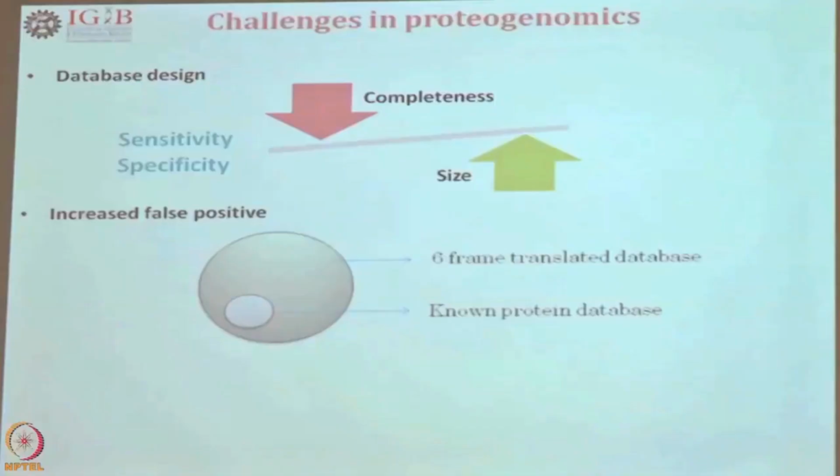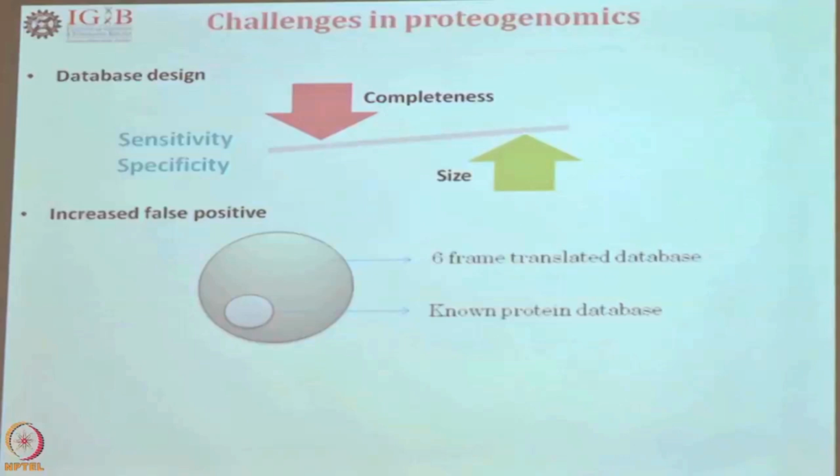In the proteogenomics case, you take the genomic sequence, translate it computationally and create the protein sequences, and thereby you inflate the database size. When the database is inflated, the chance of false discovery enormously increases.